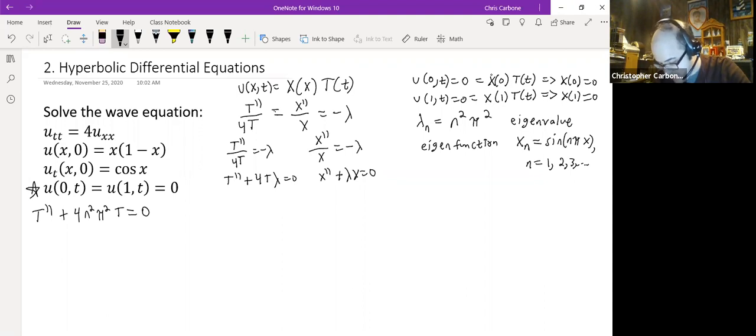And solving this particular type of equation from differential equations will give us T is equal to c sub 1 times cosine of 2n pi t plus c sub 2 times sine of 2n pi t.